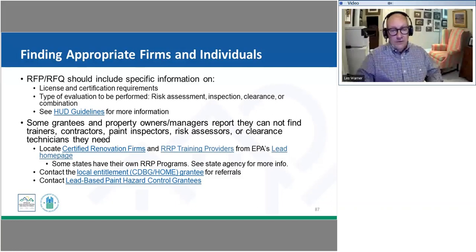I would also encourage you, if you're new to this, probably adjacent entitlements, CDBG or HOME grantees are already going to have programs up and running, and they're going to be aware of the certified contractors in the area, and they may be a good referral for you.